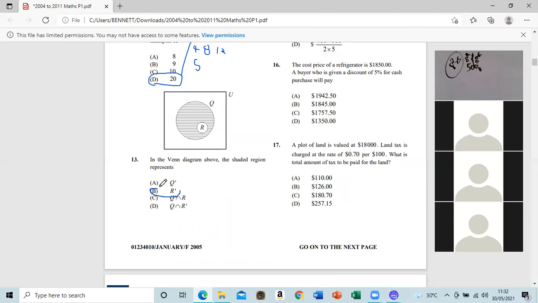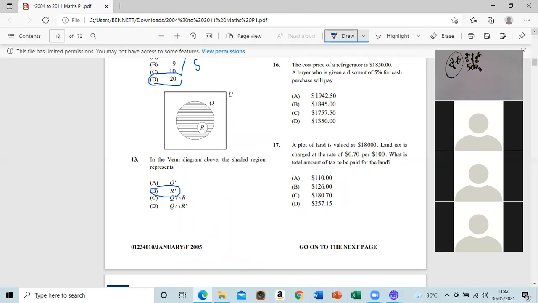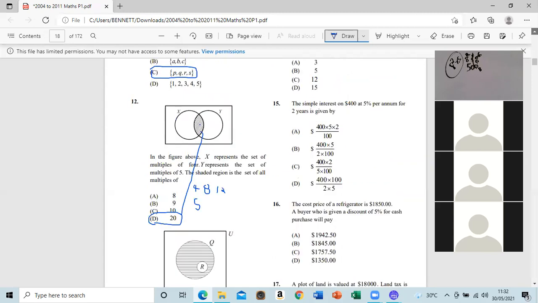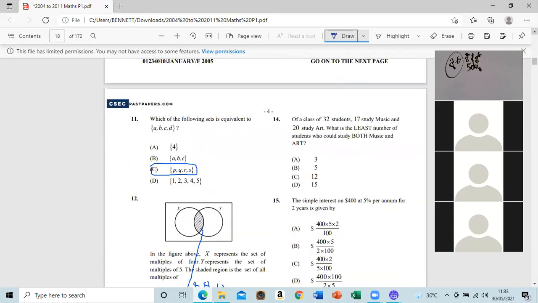What this is saying is Q contains R, but R does not contain Q. All the elements in R are in Q, but not all the elements in Q are in R. All right, very good, Kiana. There's no wrong answer if you think of that.